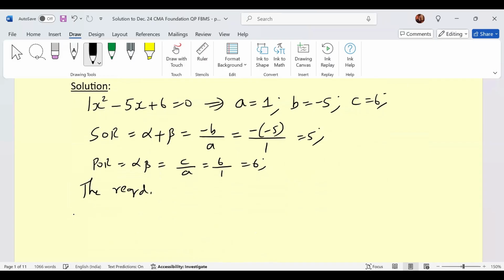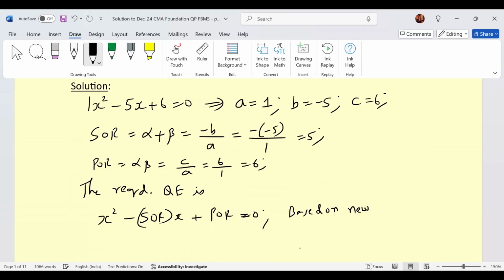So the required quadratic equation is x square minus sum of the roots x plus product of the roots equal to 0. So here, the sum of the roots based on the new roots given will be alpha beta plus beta plus alpha beta minus beta.